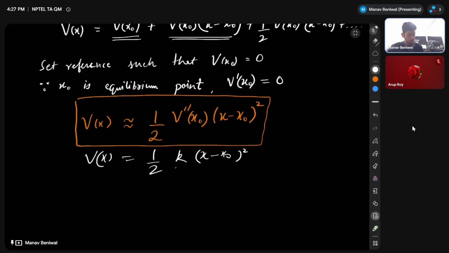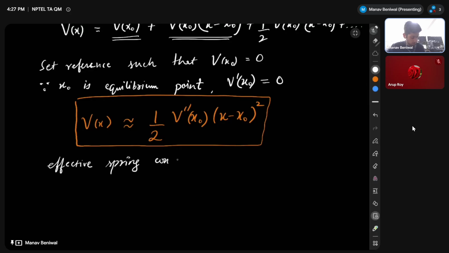So upon comparing, you can see that k is nothing but this derivative. So the effective spring constant, let's call it k effective, is nothing but V double prime x naught.